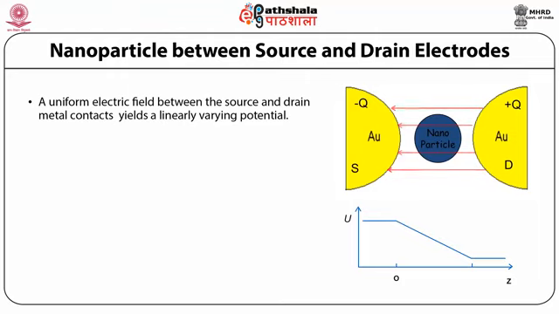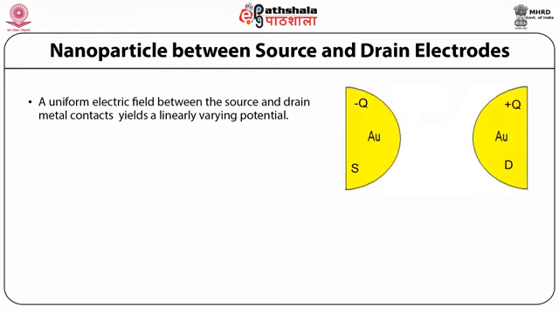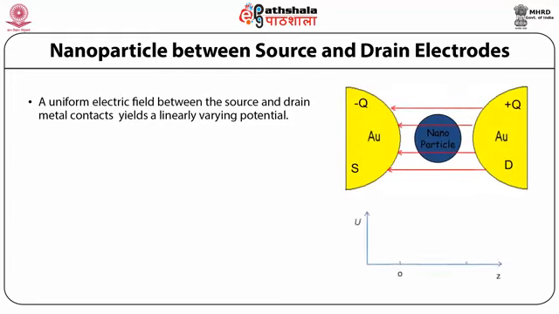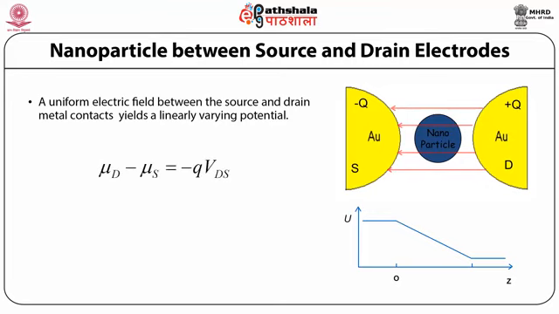So when a potential is applied between the source and the drain contacts, the Fermi level of one contact will be shifted with respect to the other, so that mu d minus mu s equal to minus q VDS.